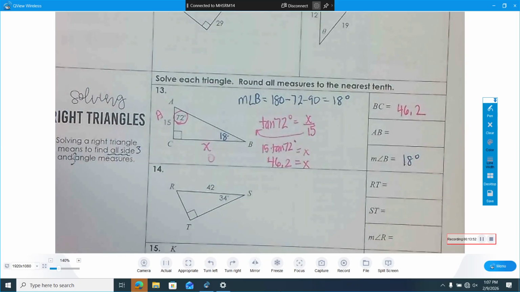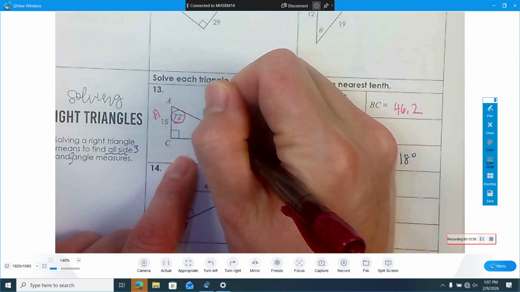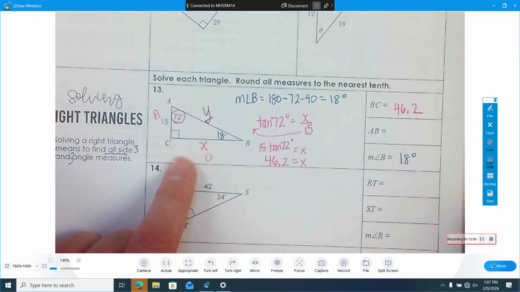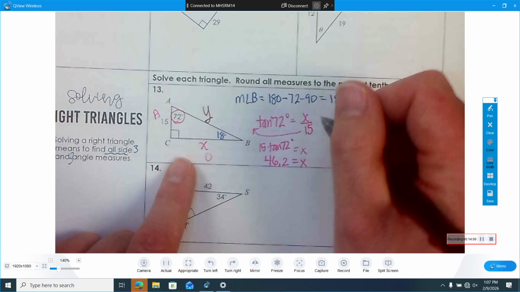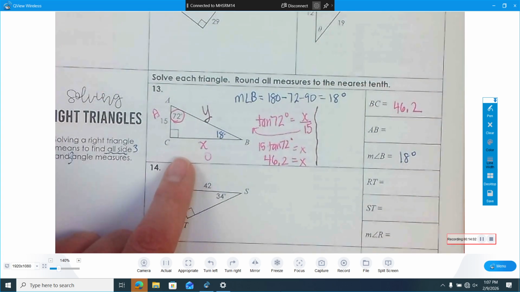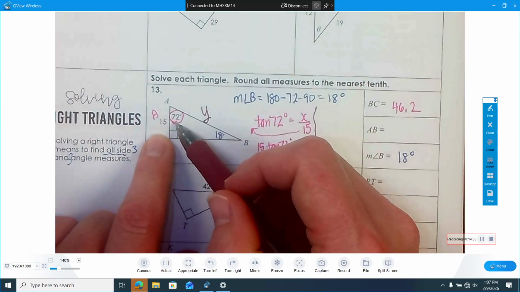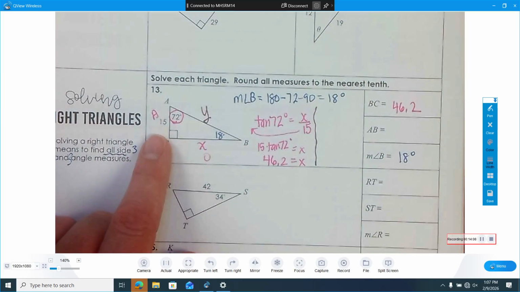All right, what if I want to find, I'm going to call this Y over here. You could use the Pythagorean theorem. But we could use cosine, yeah. So I'm going to use the trig function because the Pythagorean theorem is longer. But yes, the Pythagorean theorem we could do.